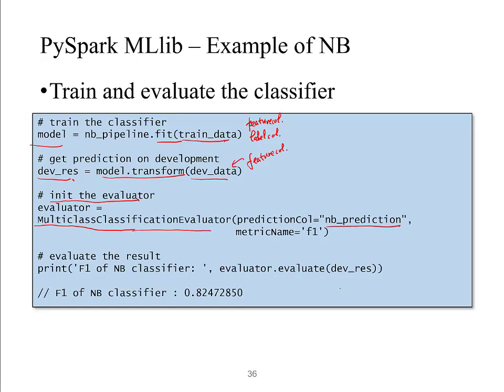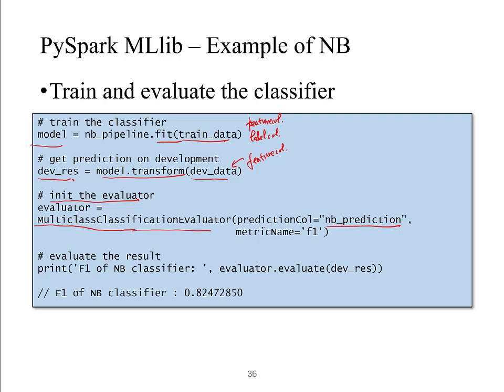As we have mentioned, the prediction result will be outputted to this column named MB prediction. So we use this as the input parameter for the prediction column.